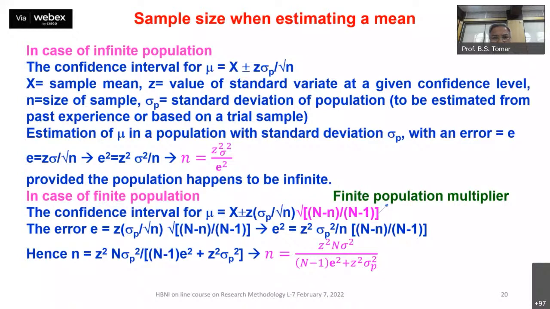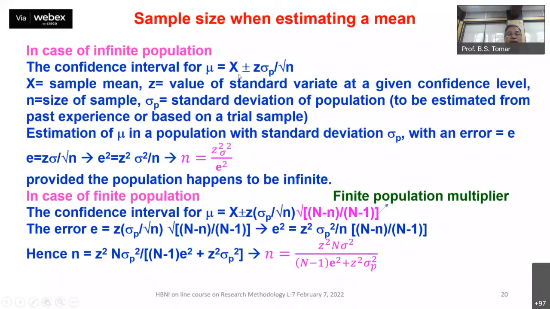So let us discuss now the sample size when you estimate the mean. Suppose you want to estimate the mean, then what would be the sample size? This is the formulation. If you have an infinite population, then the confidence interval for mu: you are measuring X, you are predicting about mu.